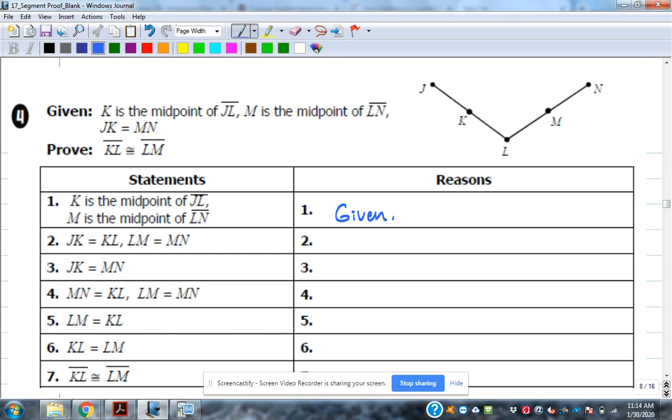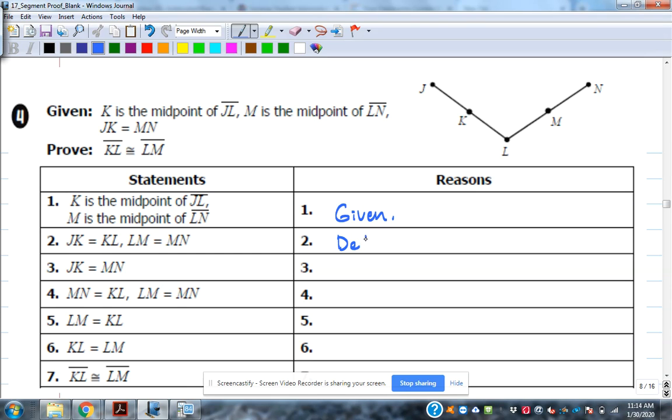Because we know K is the midpoint of JL and M is the midpoint of LN, then JK and KL are equal, and LM is equal to MN. That's a definition of midpoint. So here we use the part of the given that was about objects, and our second step ended up being a definition. So we see that connection there.